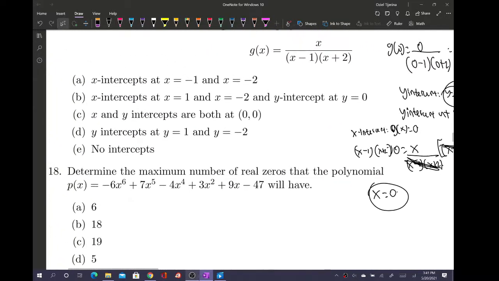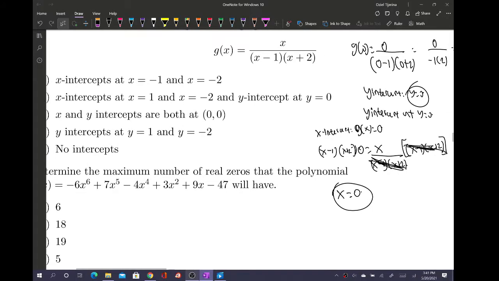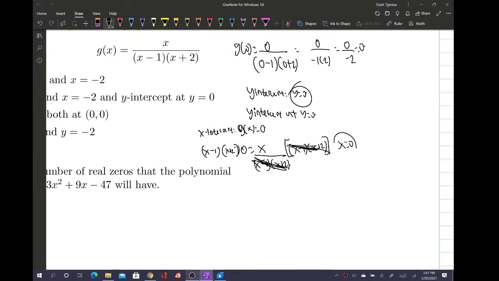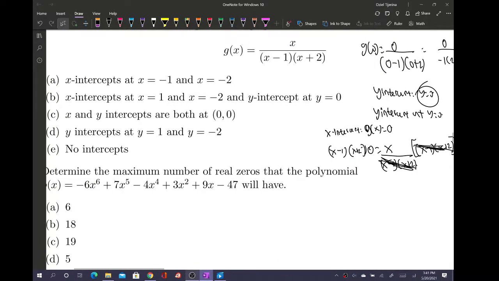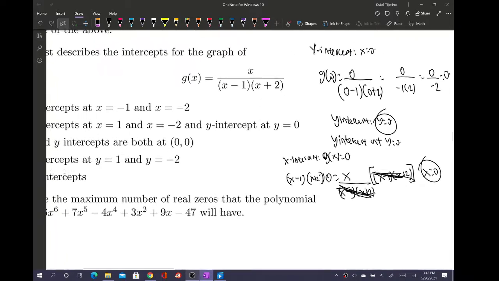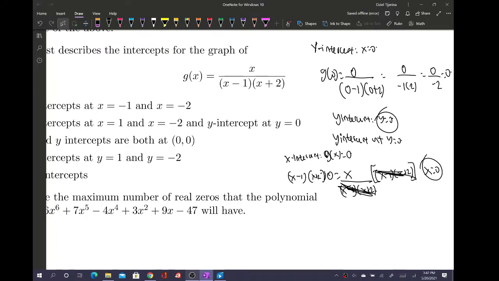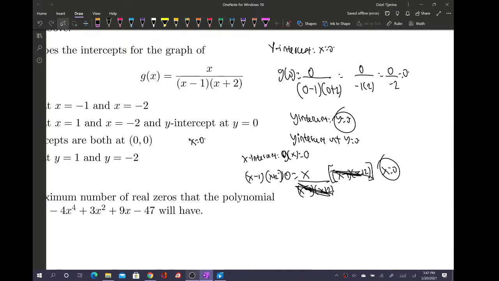So your solution would be that your y-intercept is at x equals 0, and when you say x equals 0, you get y equals 0.